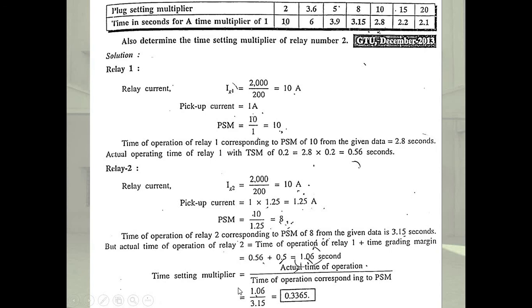Now time setting multiplier equals actual time of operation divided by time of operation corresponding to PSM. Actual time of operation is 1.06 second and time of operation corresponding to PSM is 3.15, so the time setting multiplier is 0.3365.